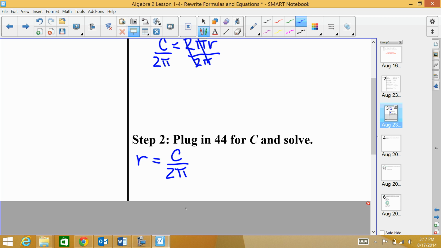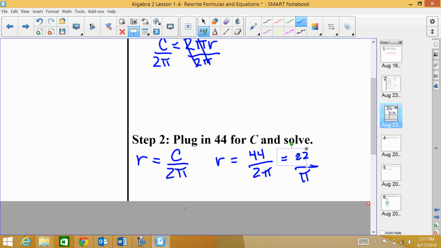Now if I plug in 44 for C, R equals 44 divided by 2 pi. Well, what's 44 divided by 2? 22. So we get 22 over pi. Pi has to stay on the bottom because it's there already. So 22 divided by pi would be our answer.